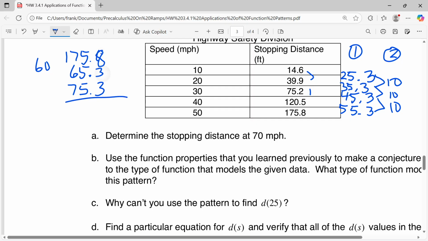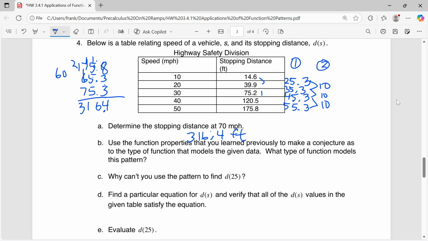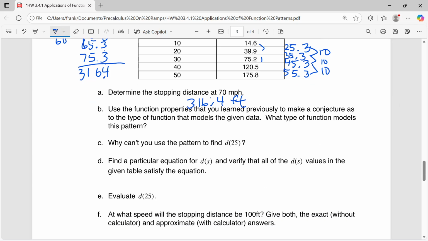I guess you can use a calculator to do this. It comes to 316.4 feet.